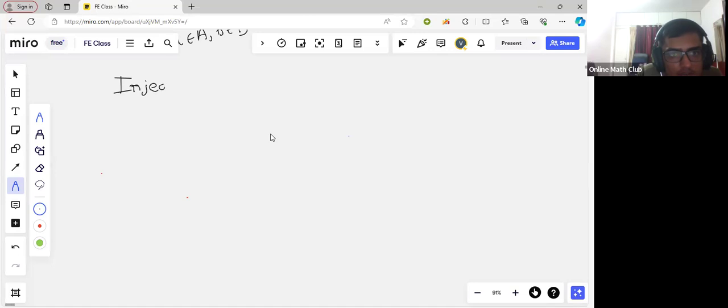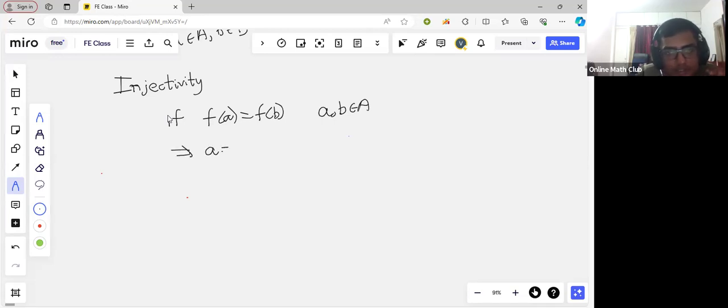What injectivity essentially means is that if f of A equal to f of B for some A and B belonging to the domain, then this implies A equal to B. If we consider the map from the set A to the set B, then each element over here maps to distinct elements over here, and no two of these elements are the same.